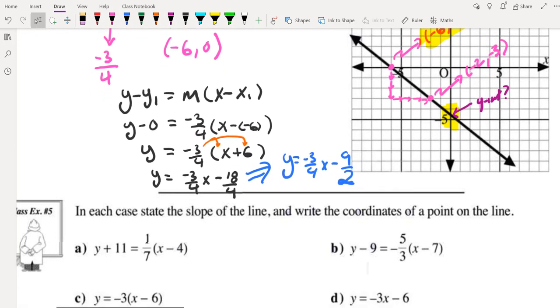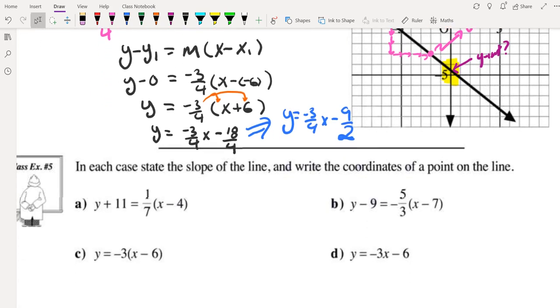And the last question that we're going to do together here today is examining equations of the line and pulling out what the slope is and a point on the line. So they're not all in the same format, right?